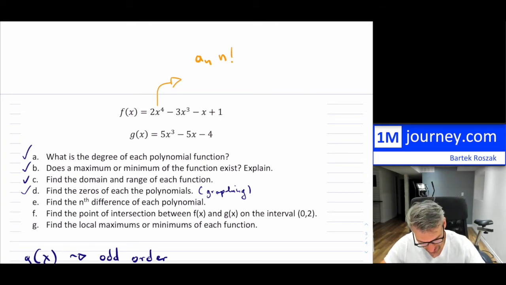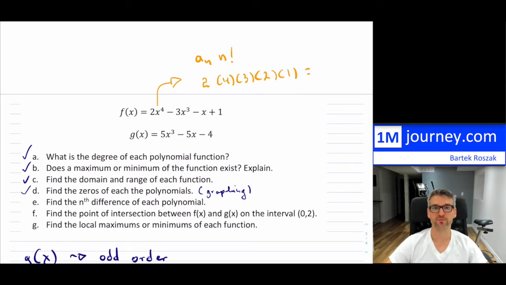So what that means is a of n is 2, and n is 4, so n factorial is 4 times 3 times 2 times 1, and there we go, that's our answer, right? So 2 times 4 is 8, 8 times 3 is 24, 48.